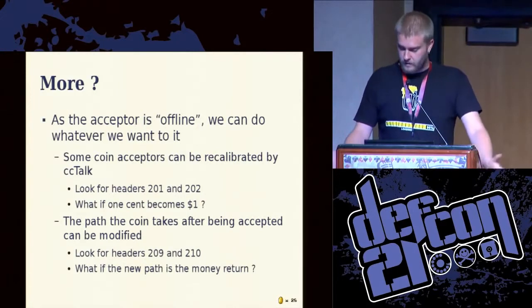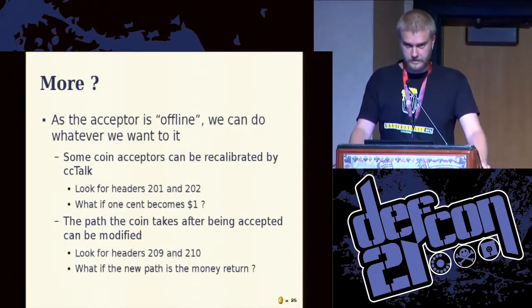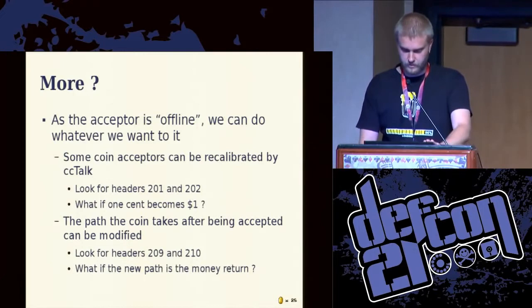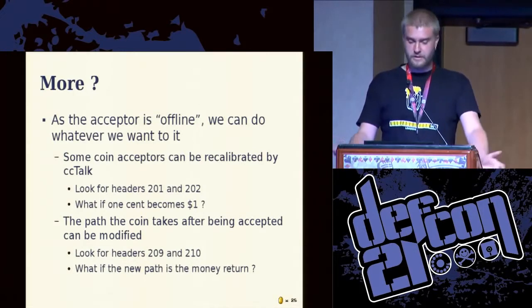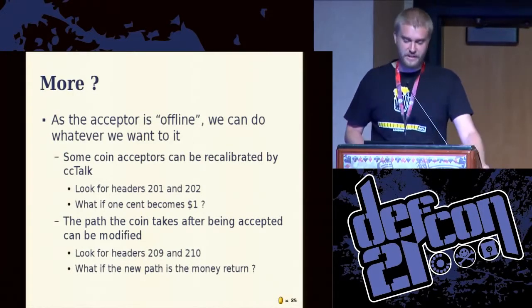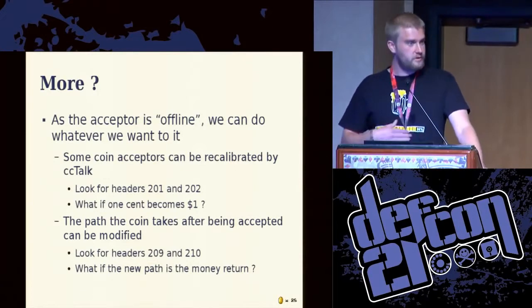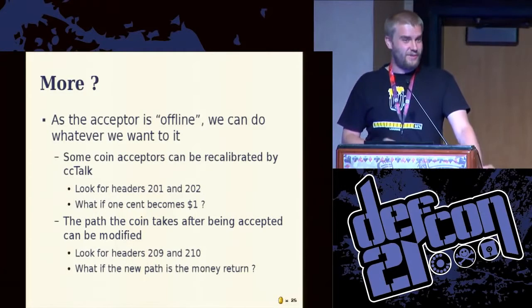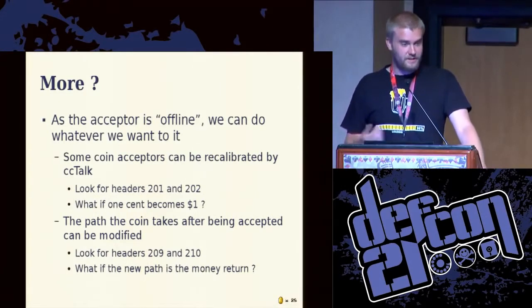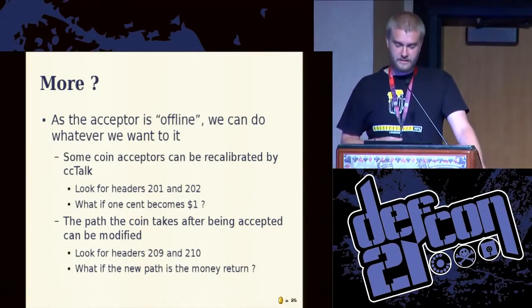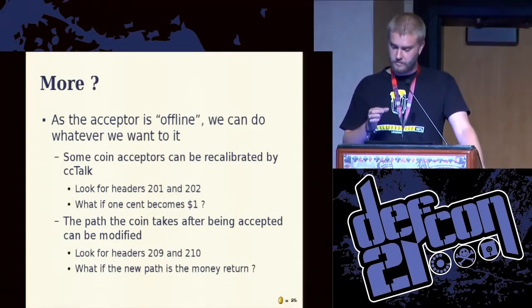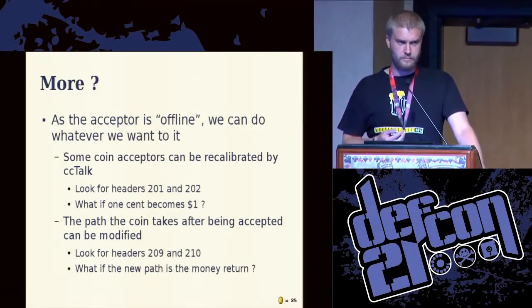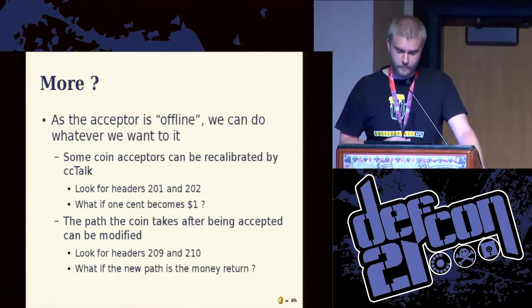All right. So since it's nearly over, we'll get to it more quickly. As the acceptor is offline, so we have ejected, we are able to just send commands to it. So we can change the validation path, the path normally allowed for the $1 coins, that exists, right? Yeah, okay.